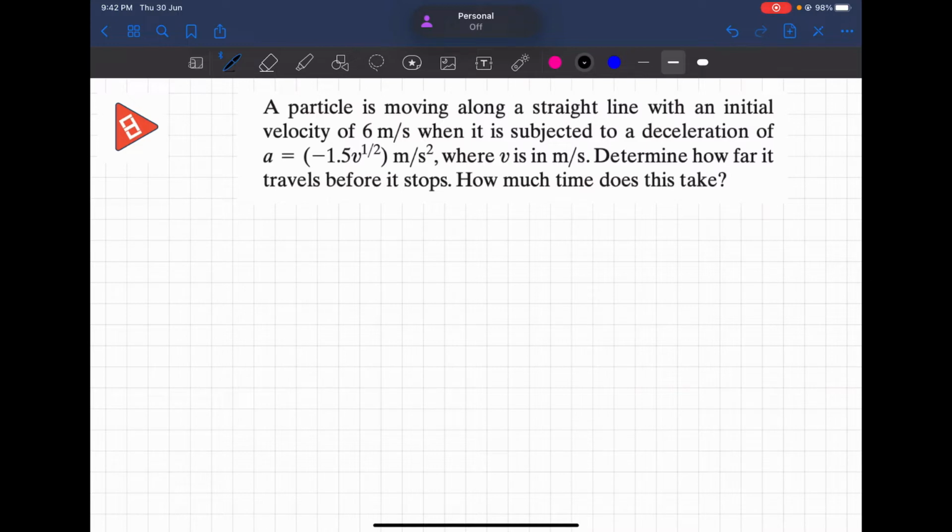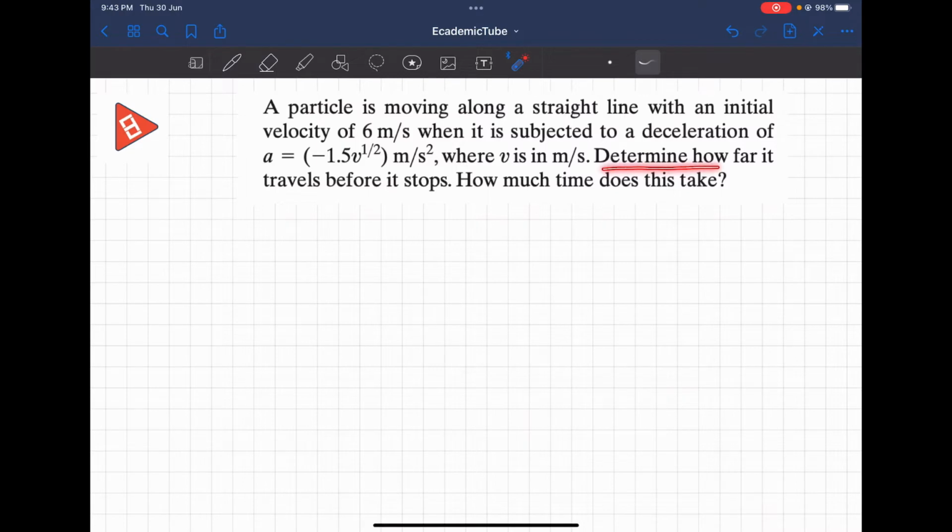So today we are going to solve a question. First of all, read the question. It is given that a particle is moving along a straight line with an initial velocity of 6 meters per second, when it is subjected to a deceleration of minus 1.5 v to the power 1 by 2, where the velocity is in meters per second.